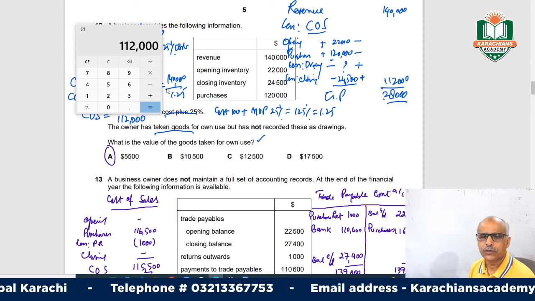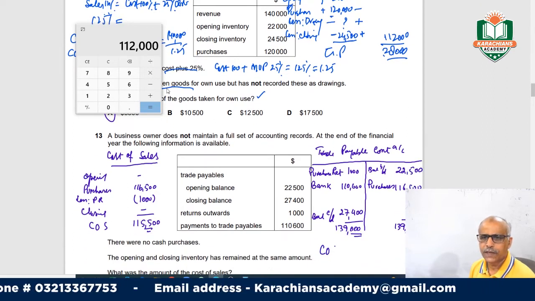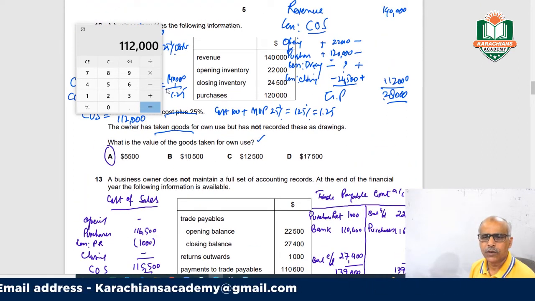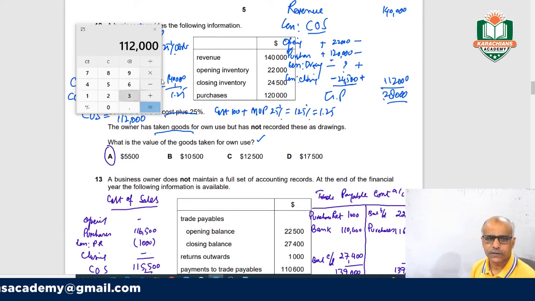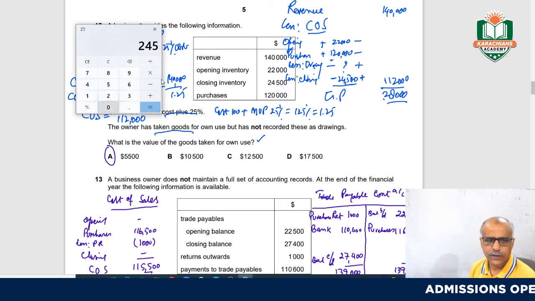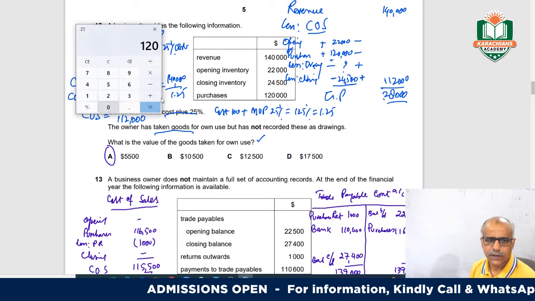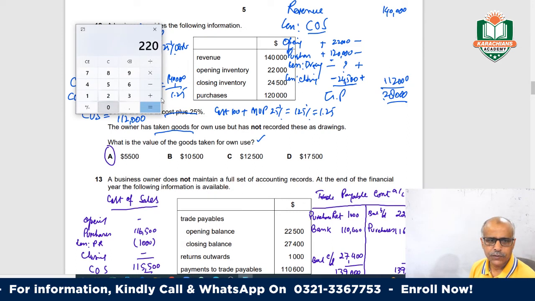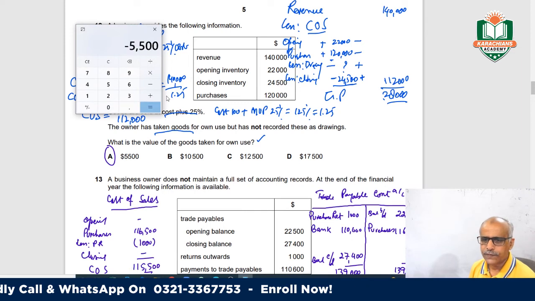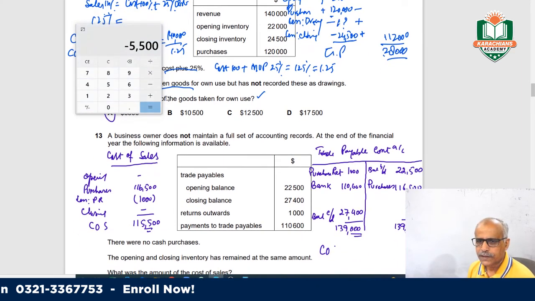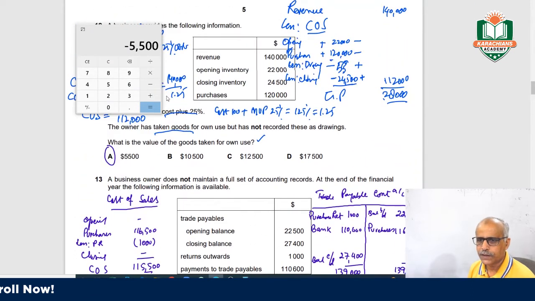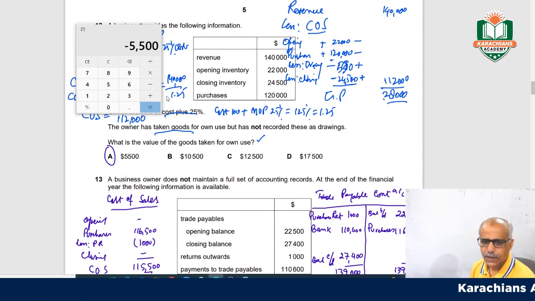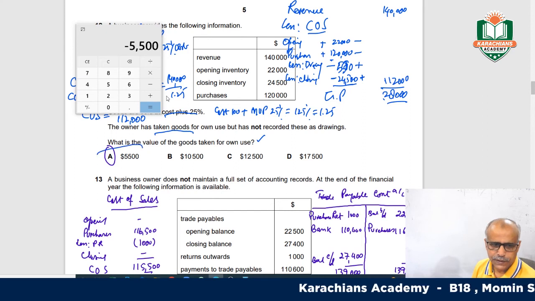Purchases you add, so you should deduct them. Opening is added, you have to deduct it. So this is the reverse process. 112, then plus closing inventory of 24,500, then minus 120,000, and then minus 22,000. So 5,500. This is basically your drawing.